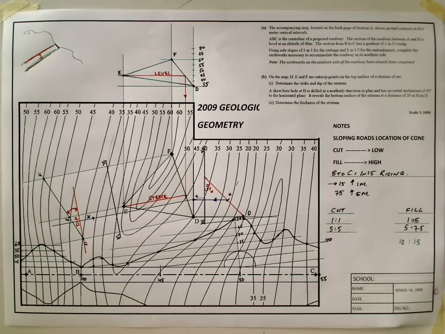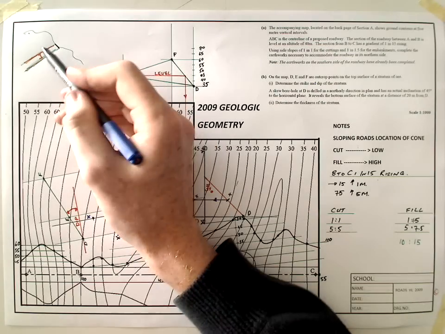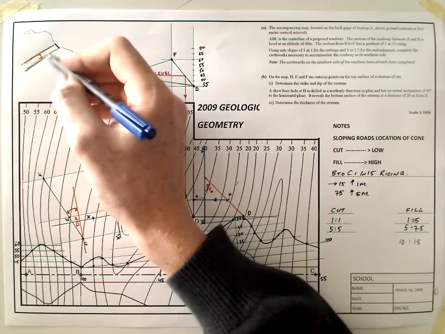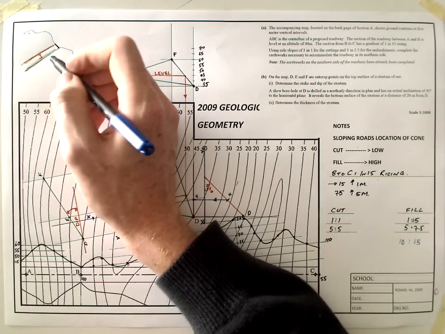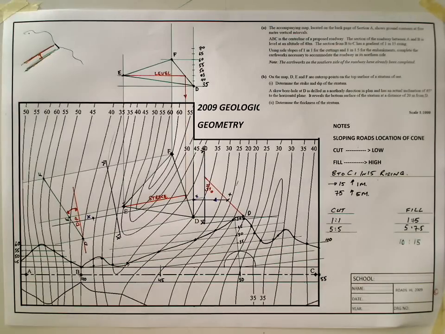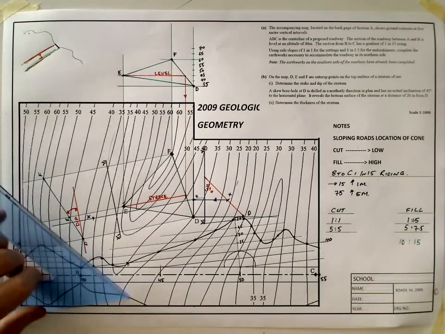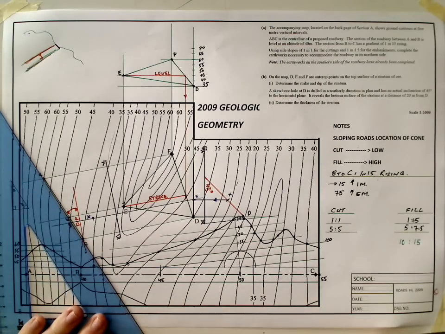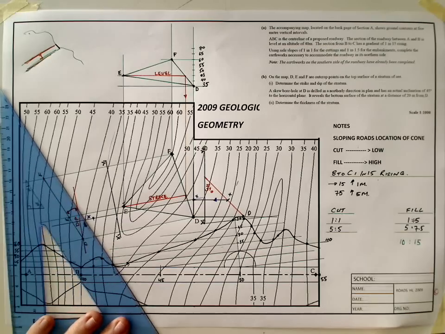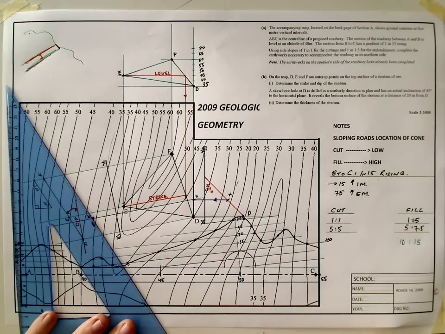What you'll find with the stratum is that I have a head wall and foot wall, and both the head wall and foot wall will be parallel. So the next step is I have the line DEF. So this line here is going to be parallel.